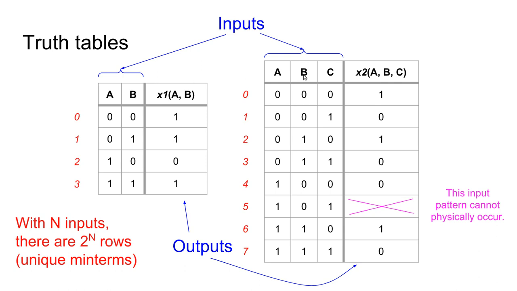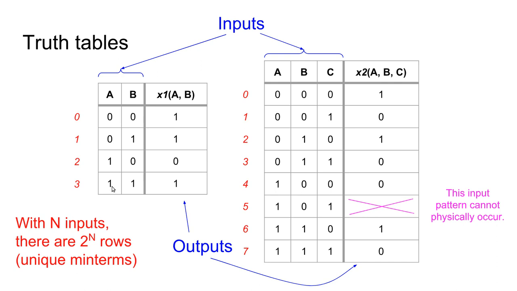On the right truth table, we have just one more input: a, b, and c. And that's a logical function we'll call x2, and it's a function of a, b, and c. So when we have two inputs that can be either 0 or 1, we have 2 to the nth power, n being 2 here, which is 4, different rows that can represent each of the combinations that we have.